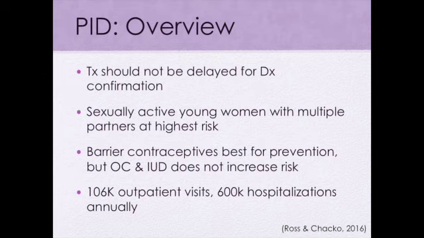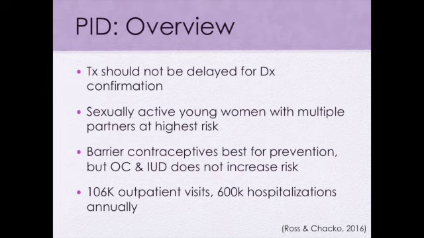It is important to recognize that sexually active women under the age of 25, especially those who became sexually active early in life and have had many sexual partners, are at the highest risk of developing PID, especially if the patient has had PID in the past.